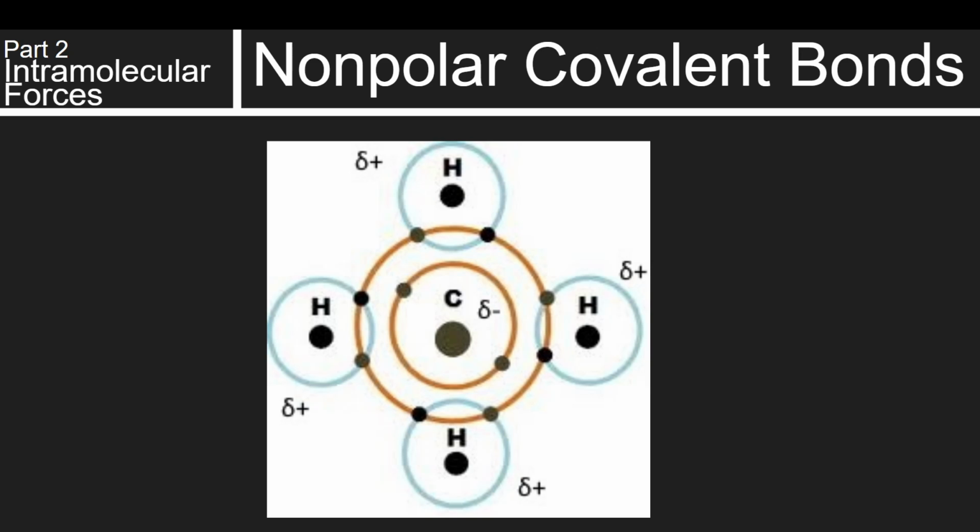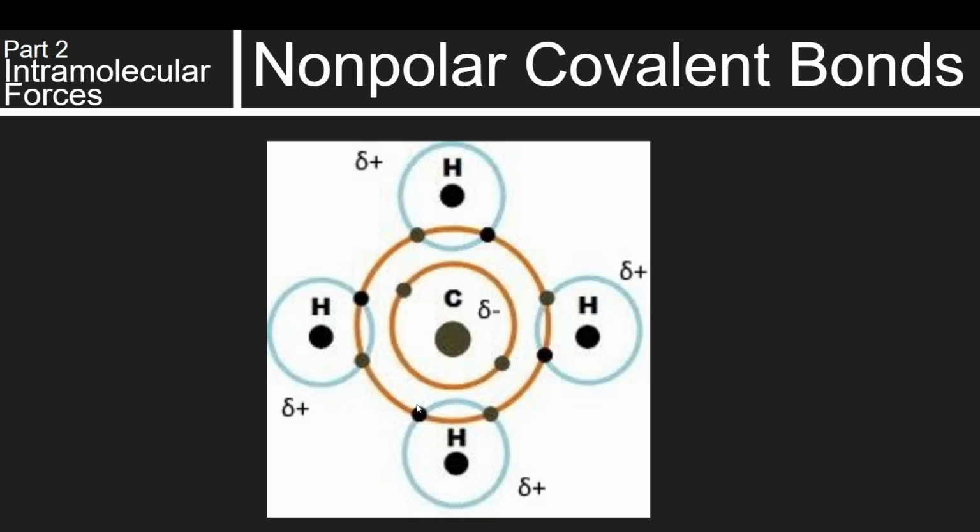Oh, and I should remind you that even though we're dealing with 2D models here, of course molecules exist in 3D shape in 3D space. We're not going to cover VSEPR or molecular geometry or bond angles in this lecture, but remember that this hydrocarbon methane will have a tetrahedral shape.